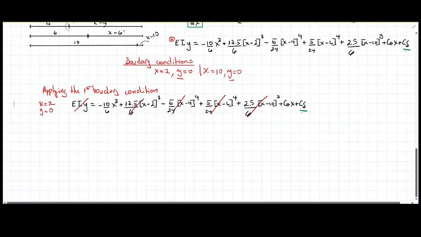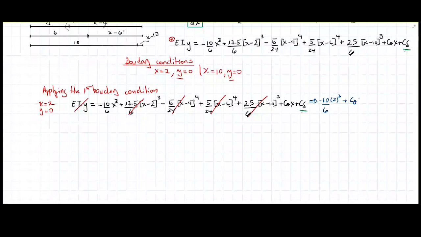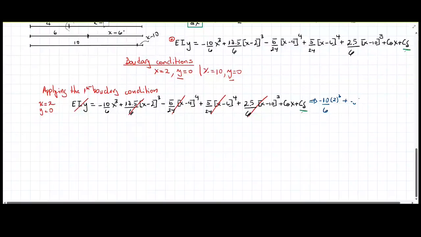Then this equation is going to be just, where should I write it? Let me write it in here. It's going to be minus 10 times 2 cubed divided by 6. Then plus c theta, better written as 2c theta plus c sigma, and this is equal to 0.